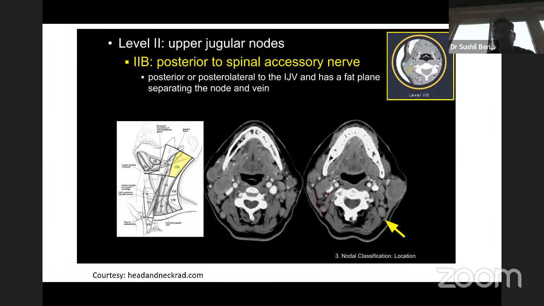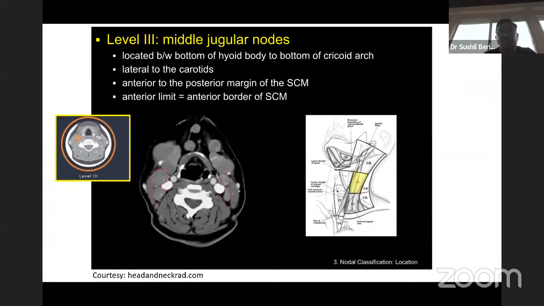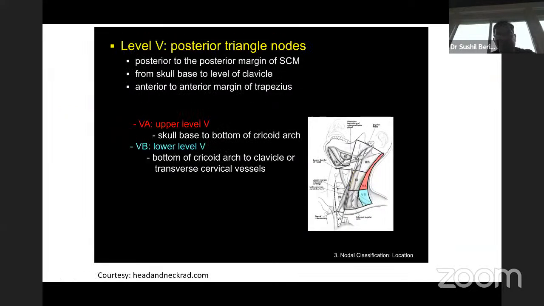This is another example of the 2B, posterior to the spinal accessory, and this is the medial jugular we talked about from hyoid to cricoid, and these are lateral to the carotid, and again up to the posterior edge of the sternocleidomastoid. And we talked about level 5A from skull base to cricoid and 5B from cricoid to clavicle. Somebody was mentioning the transverse cervical vessel.